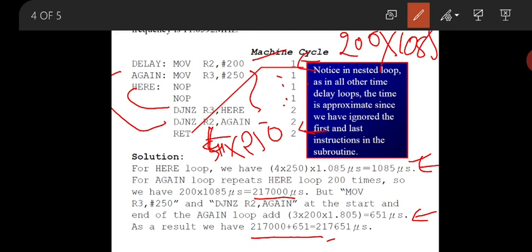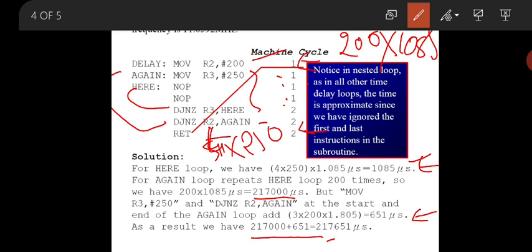The inner loop will be repeated 250 times, and the outer loop will be repeated 200 times, meaning the inner loop is repeated 200 into 250 times. I hope you understood. I calculated the inner time period as 1085, repeated 200 times, so it comes to 21700 microseconds.